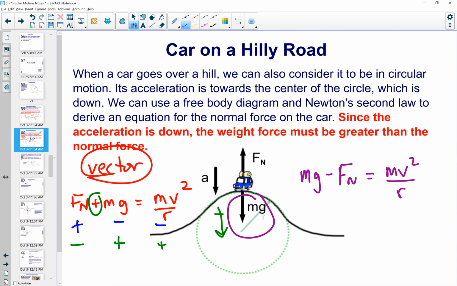If you're going fast enough, you might even leave the seat. You might have enough inertia to keep going, like on a roller coaster. That's why you wear seat belts. Or if you've ever been in a car going really fast over a hill, you may have come off the seat a little bit, right? Because your inertia has enough of a vertical component and you're not as massive as the car is. So the car has enough mass to stick to the road, but you don't necessarily have enough mass to stick to the seat, right?